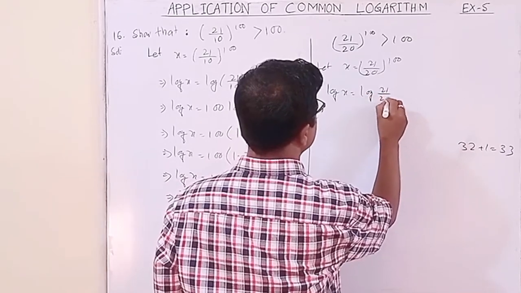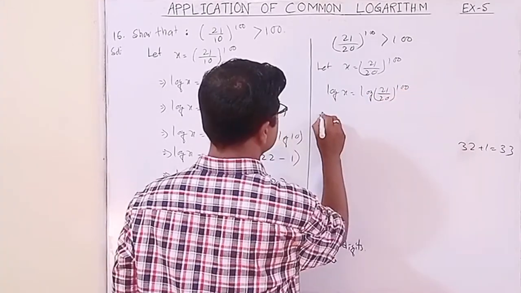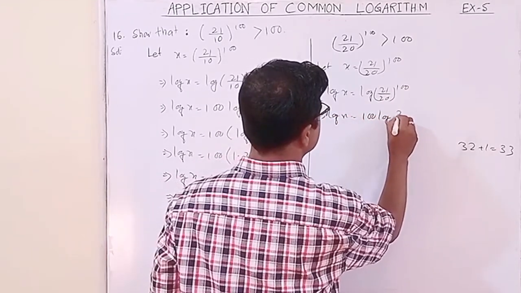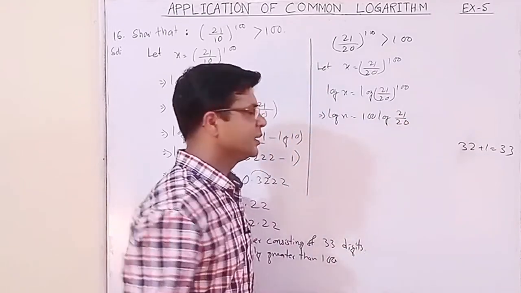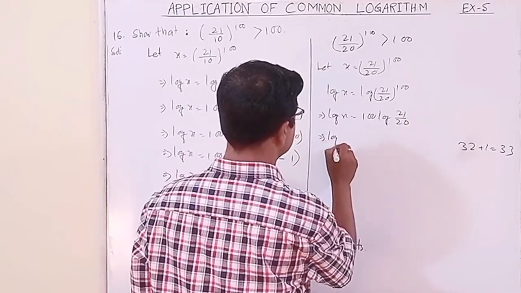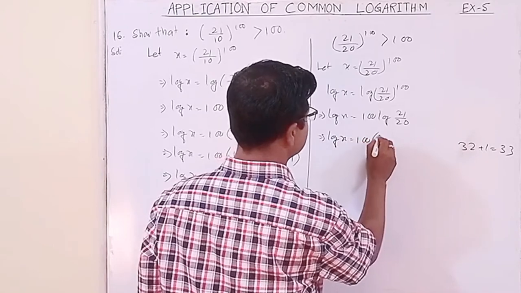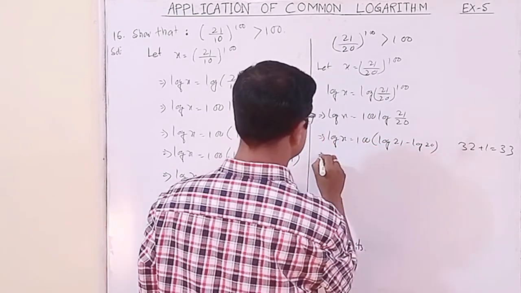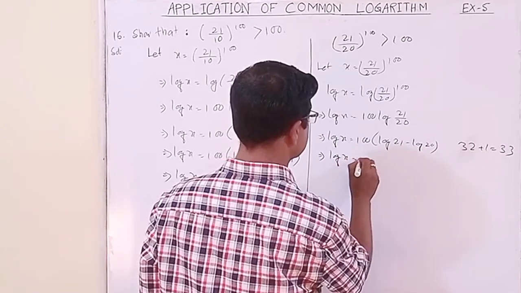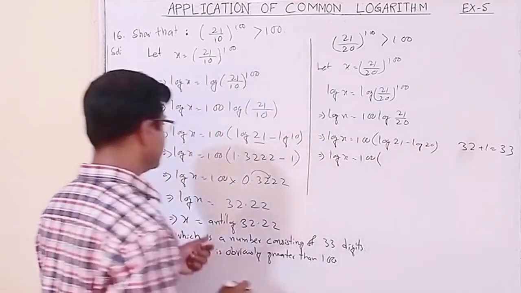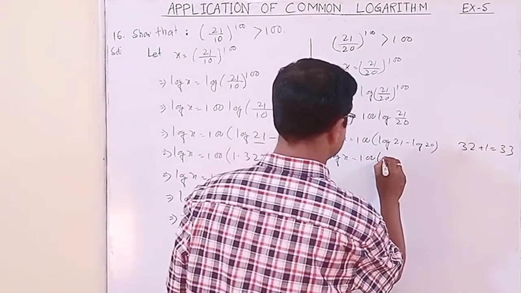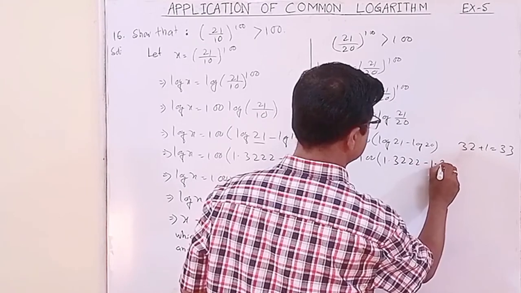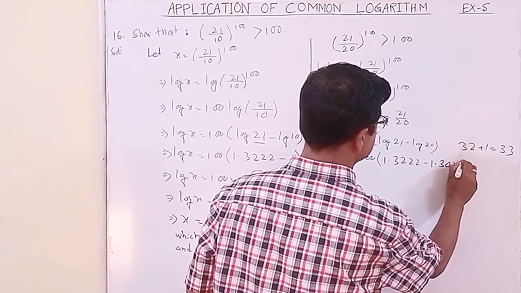Log of x is 100 times log of 21 by 20, correct? Then what we do, if there is division we subtract. Log of x is 100, log 21 we have just seen, 1.3222, and this is log 20, which is 1.3010, isn't it?